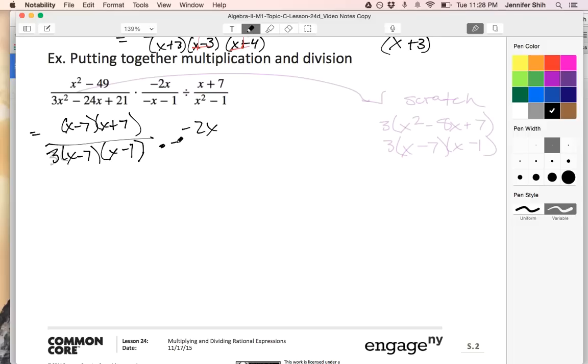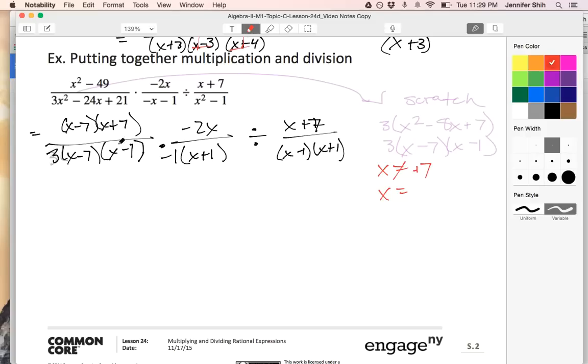times negative 2x. And over here, I'm going to factor a negative 1 to get negative 1 times x plus 1, divided by x plus 7, x minus 1, x plus 1. Okay, so x cannot equal all the values that x cannot equal. It cannot equal positive 7.